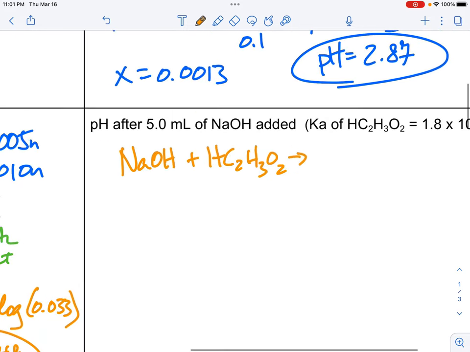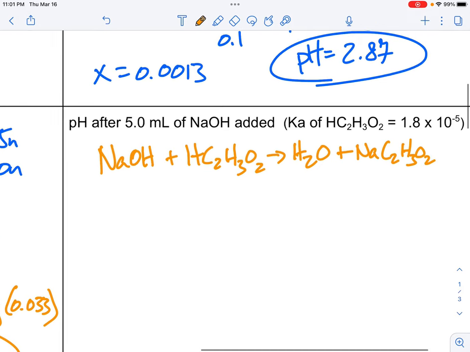And this is our neutralization, we're going to be making water, and then we're going to be making our sodium acetate. Sometimes we just write this as the acetate ion. What's important about this is that you'll notice we have our weak acid, and we're making a conjugate base. And that's going to be really, really important here, that we're making something that isn't neutral.